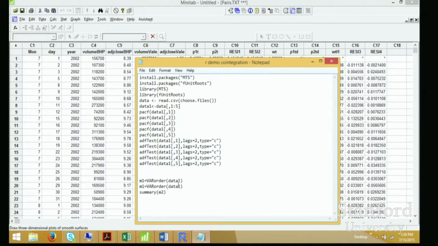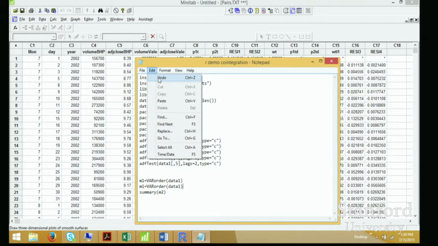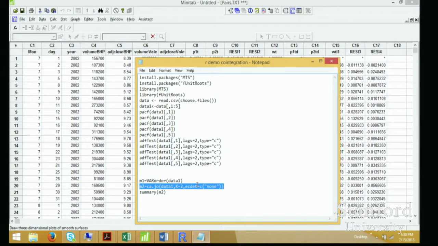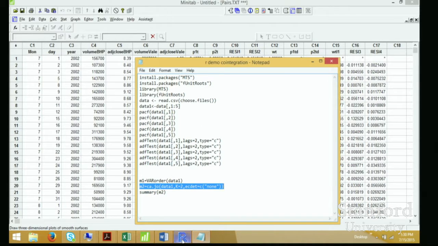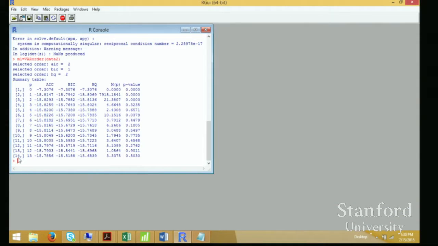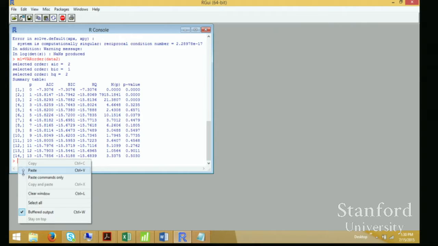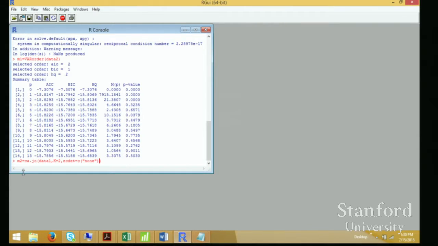I posted here, so you should be able to know. I know what I did. Copy and paste it here. So we want to look at this co-integrating relationship based on data 2. Sorry.